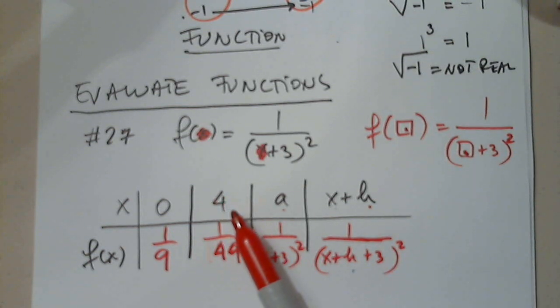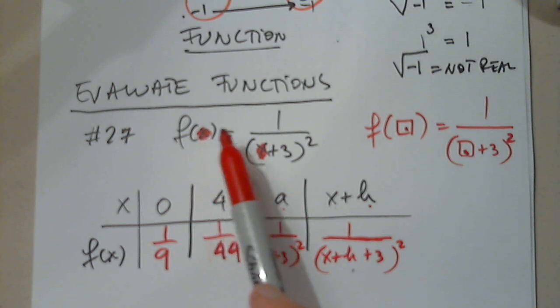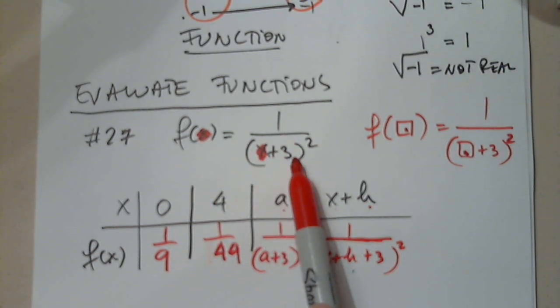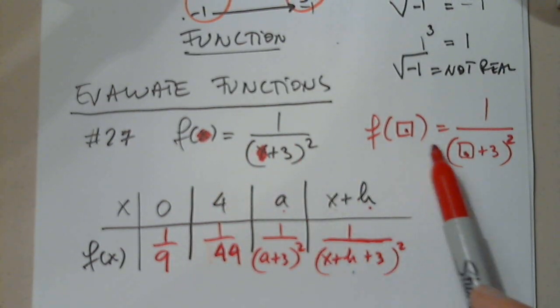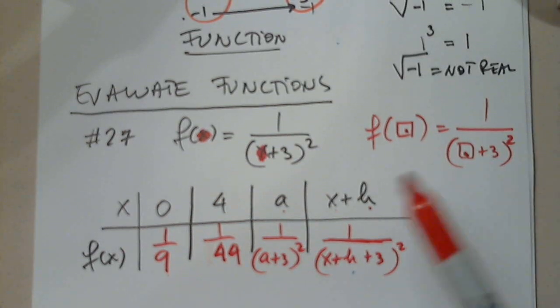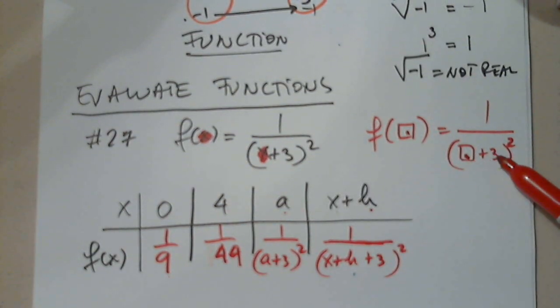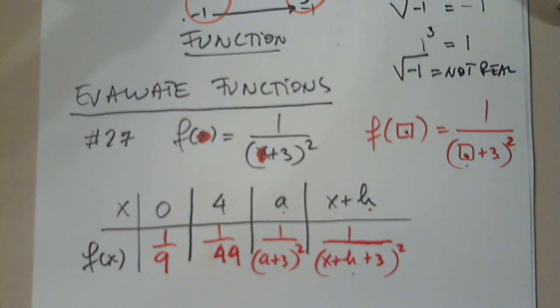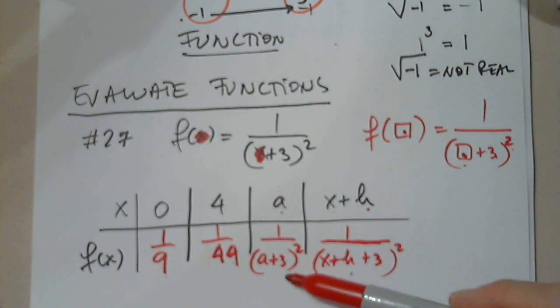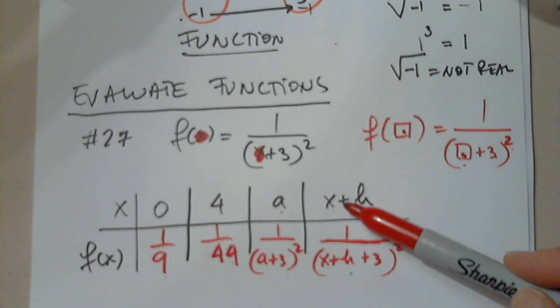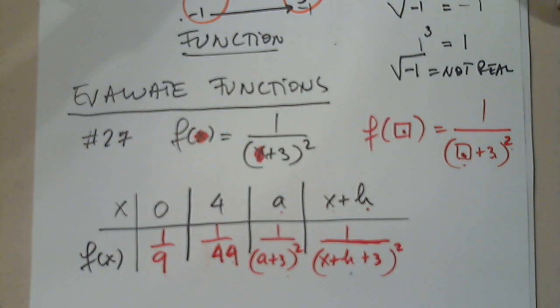This is what it says to us: f of something equals 1 over that something plus 3, squared. So when I plugged in 0, I had 0 plus 3, and 3 squared is 9. When I plug in 4, it's 4 plus 3, which is 7. 7 squared is 49. I plug in a, and then I plug in x plus h. Any questions on how to evaluate functions?